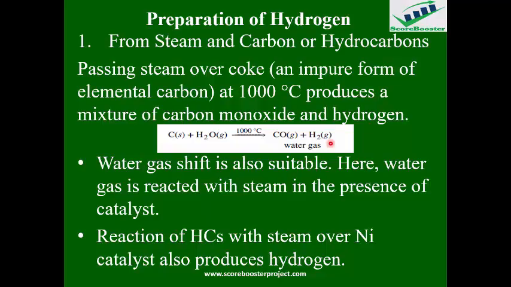So that is another way of producing hydrogen from hydrocarbon. We have talked about 3 ways now, but steam is the main player here. That is why I just put these two under steam and carbon or hydrocarbon.